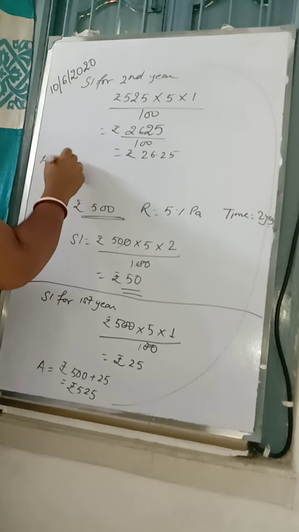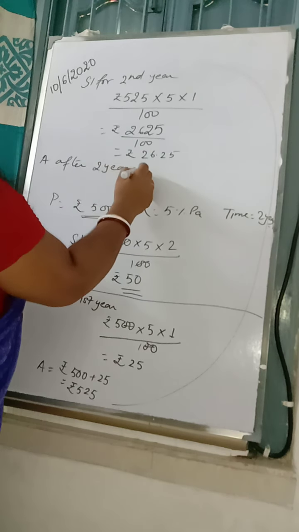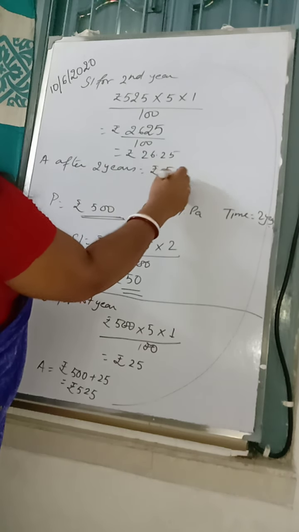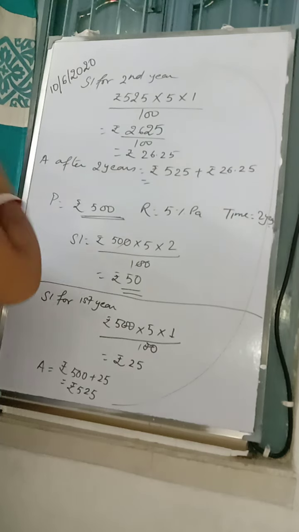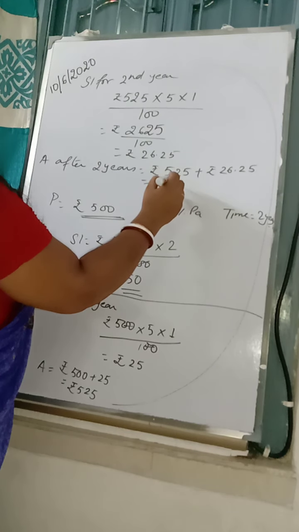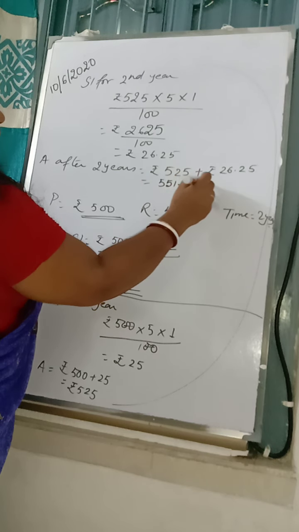Amount after 2 years will be rupees 525 plus rupees 26.25, which gives you rupees 551.25.